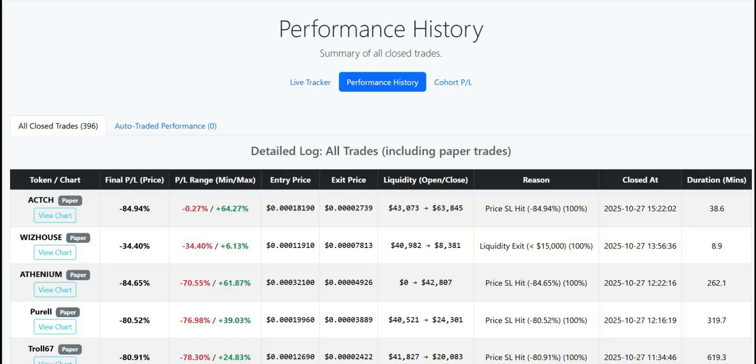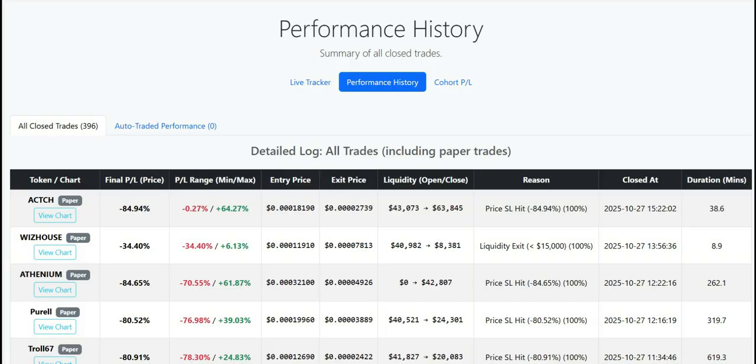Now, let's look at the second token, Wise House. This signal also closed at a loss, but for a completely different reason. The reason here is Liquidity Exit, $15,000. Our strategy is heavily based on liquidity as a sign of a project's health. When the liquidity for Wise House dropped below our safety threshold of $15,000, the tool signaled an immediate exit, regardless of the price.